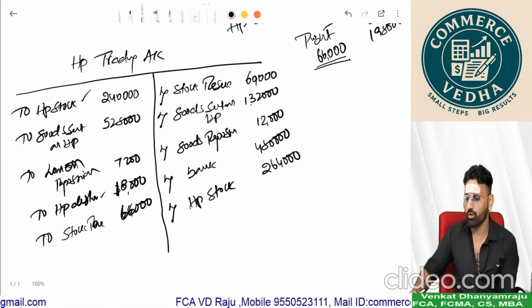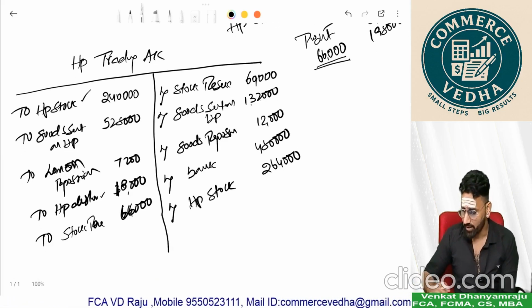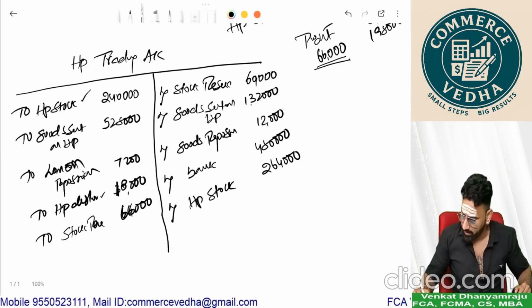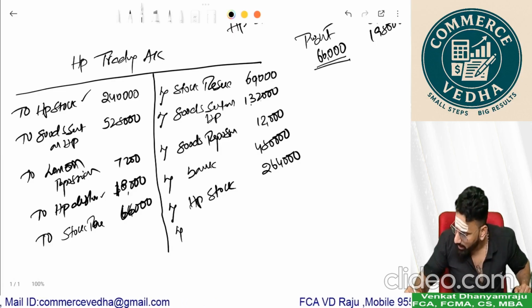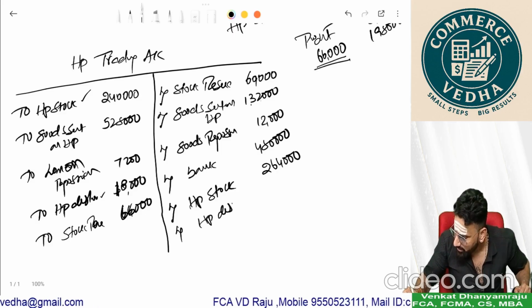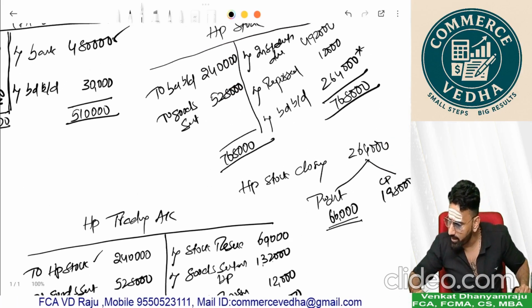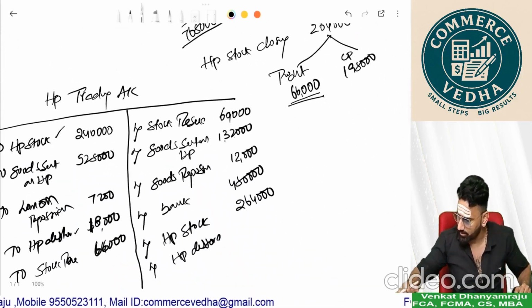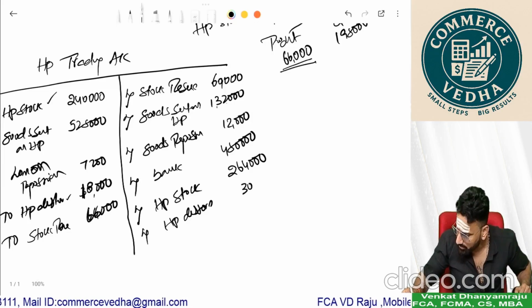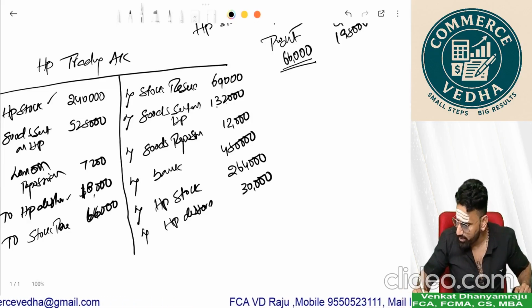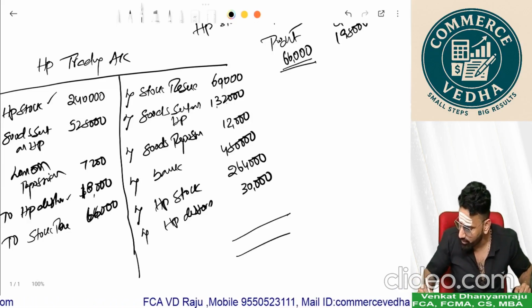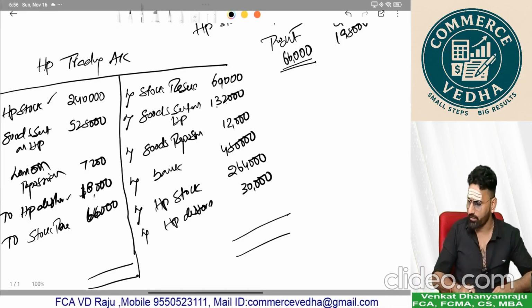Stock reserve and closing stock is 66,000. And then by hire purchase debtors, closing debtors, somewhere we prepared the debtors 30,000. So posted everything. Now we should see profit or loss.